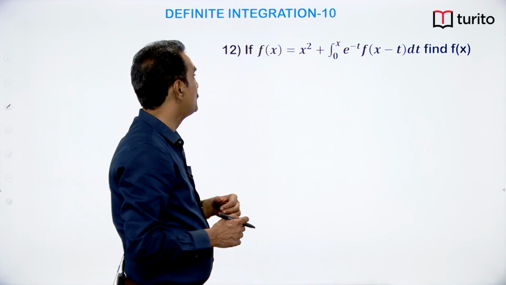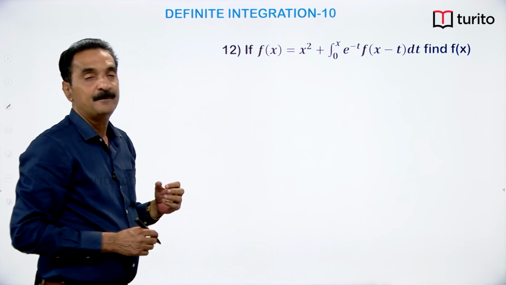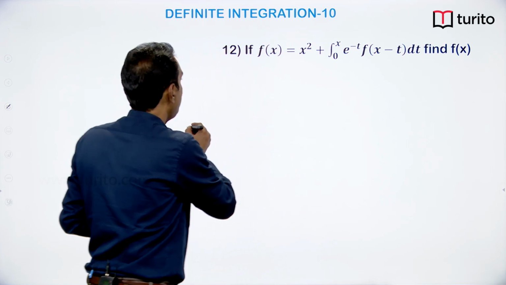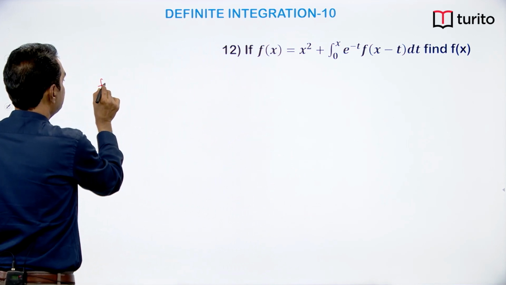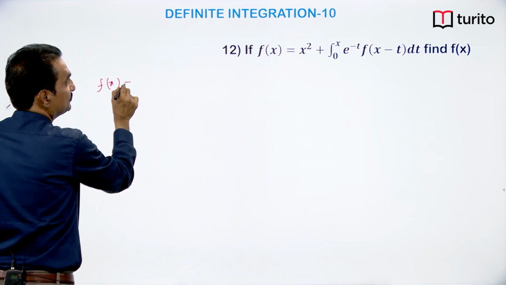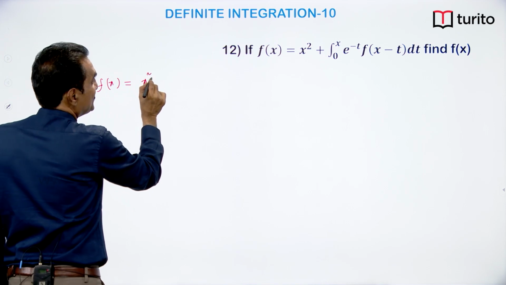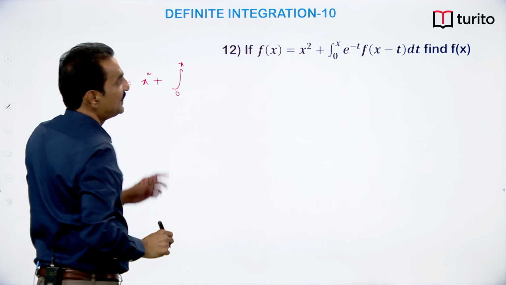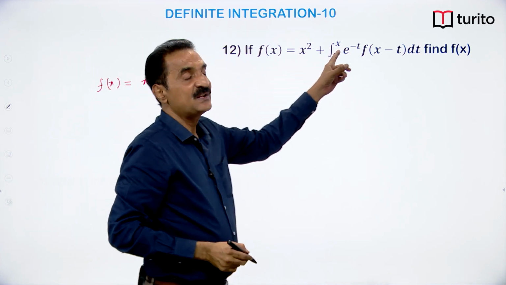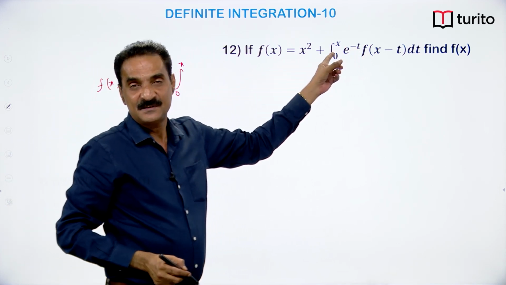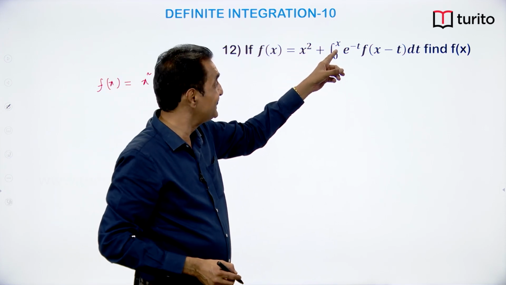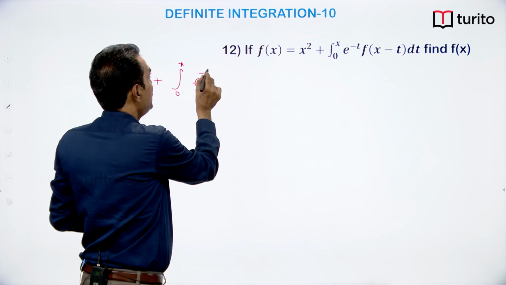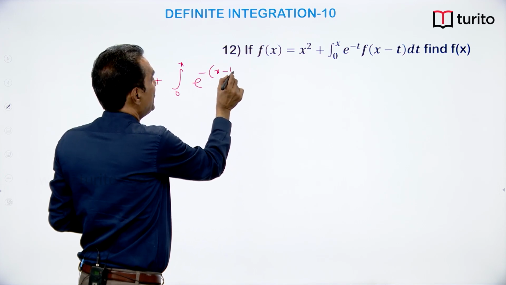So, what we will do, let us apply property of definite integral here. f of x is equal to x square plus integral 0 to x. What is the property? We can replace t by upper limit minus t. That is what? e power minus of x minus t.